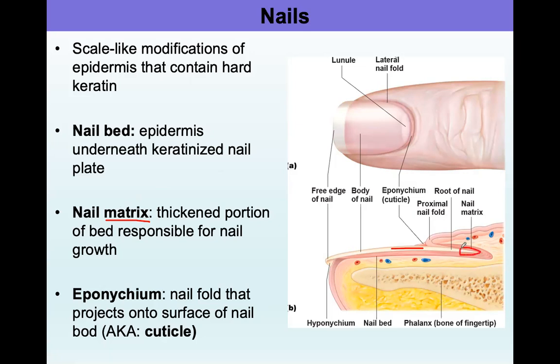So it is protected by your skin. And then around your skin, this little skin that is right here, and then it continues and comes off of the sides of your skin, that's called the eponychium, or better known as cuticle. So this is the skin that protects the nail bed and then continues and comes off of the sides.